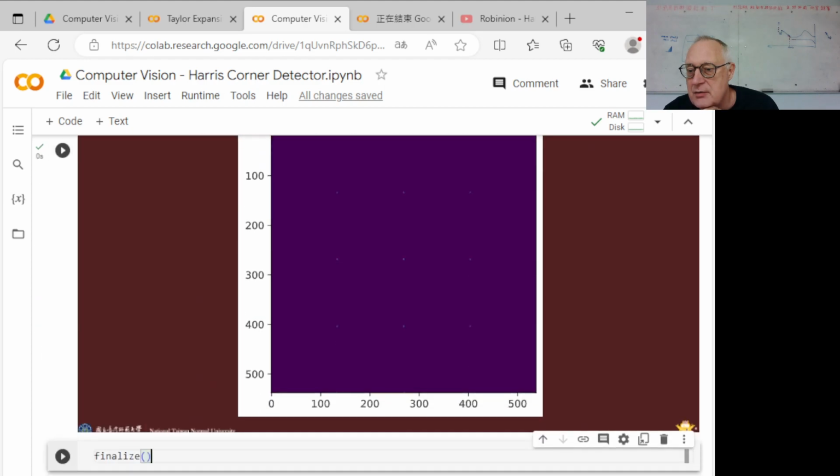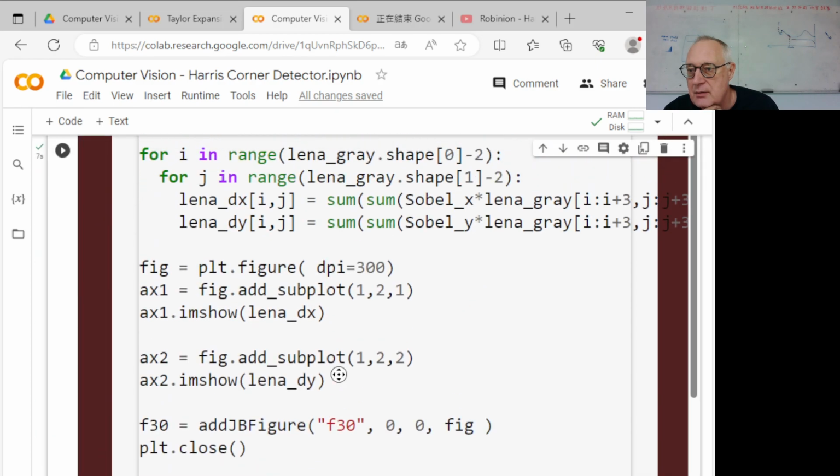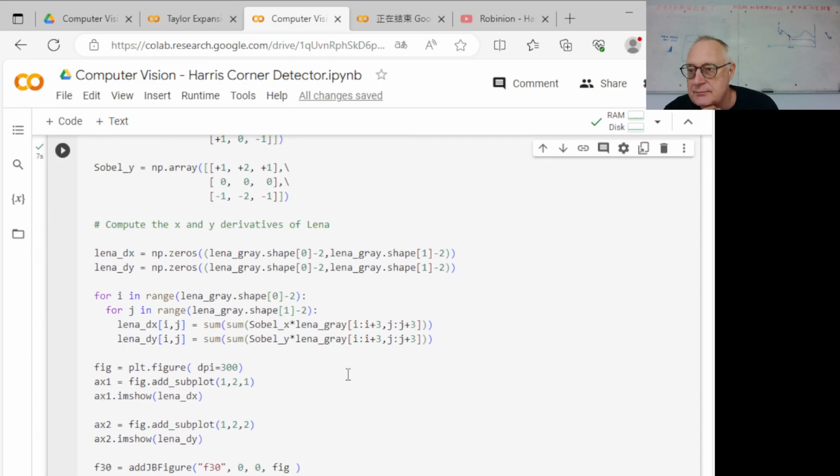So if I wanted to do that, I would blur that with a wave. So if I want to have a windowing function, then I can do that.